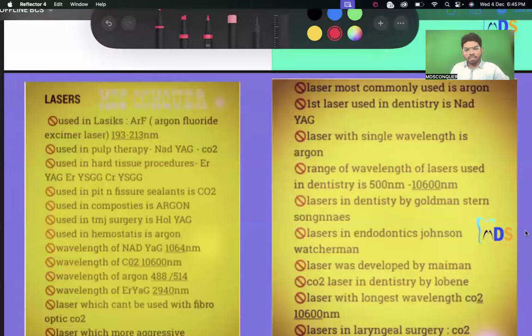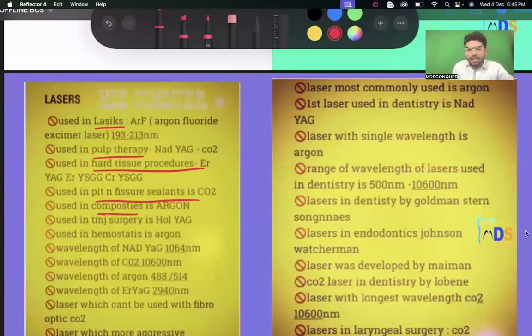Here you have a wide range of questions related to lasers, so please go through them: lasers used in Lasik surgery, which is the argon fluoride laser, lasers used in pulp therapy, hard tissue procedures, pit and fissure sealants, composite, TMJ surgery, hemostasis, and then a few questions on wavelengths.